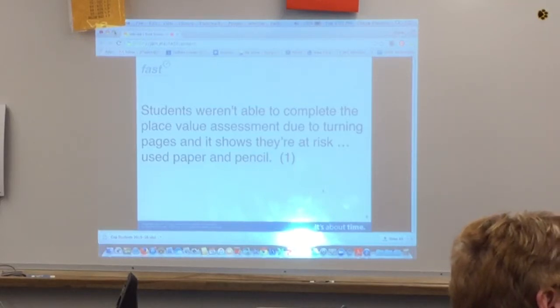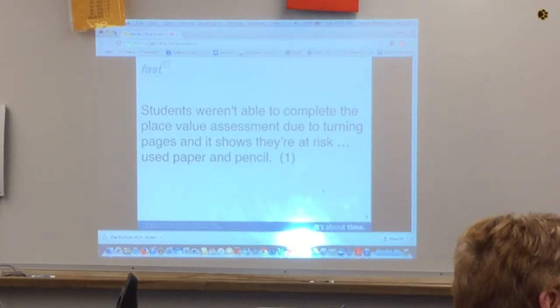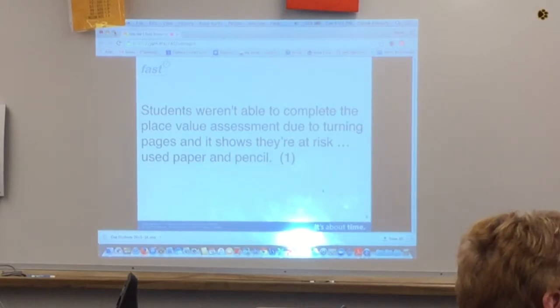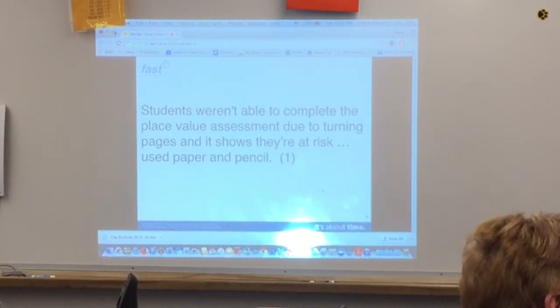There were like 2 or 4 on each page, and then they had to turn to the next page. They just didn't show success, but I think a lot of it was time spent on the paper and pencil. It was a 1 minute timed assessment, so as they're flipping pages and only have a minute, it didn't work real well.